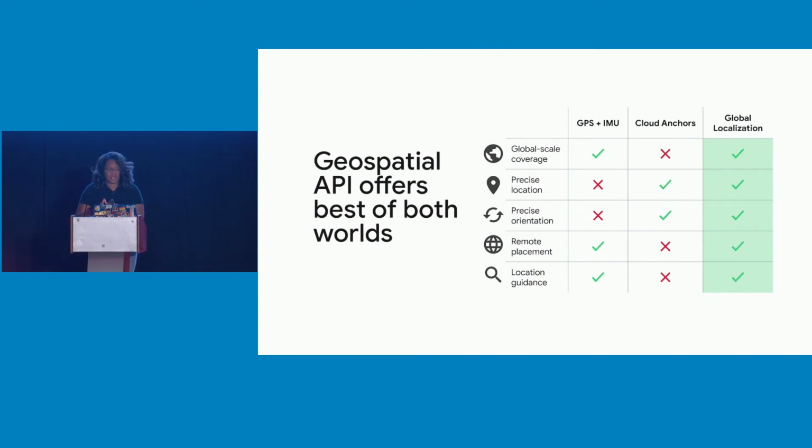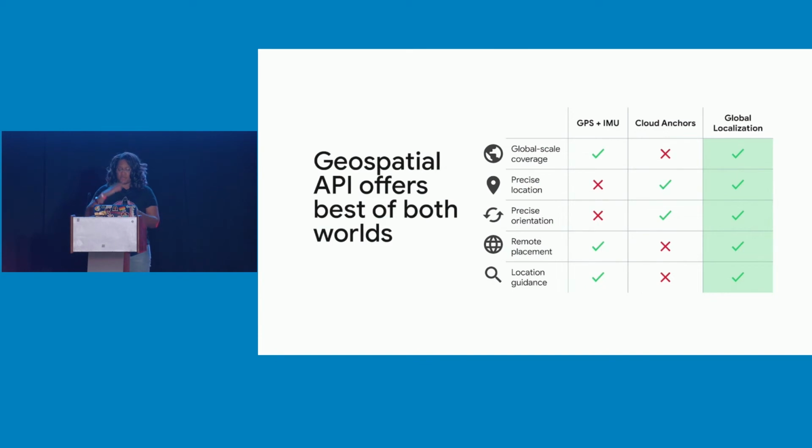One of the differences with the geospatial API versus GPS is that with GPS, for instance, you could have 5 to 10 meters of precision, versus with the geospatial API, you can have less than a meter of accuracy. That's just to give you an idea. Same thing with orientation. Orientation actually can be even worse with GPS. And so you get much more accurate location and positioning with the new geospatial API.